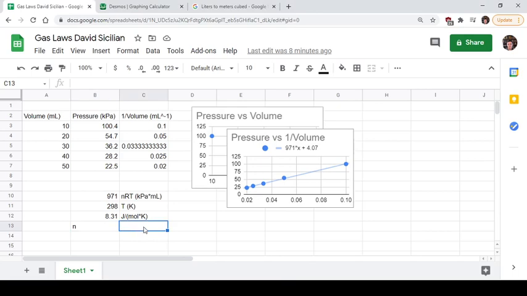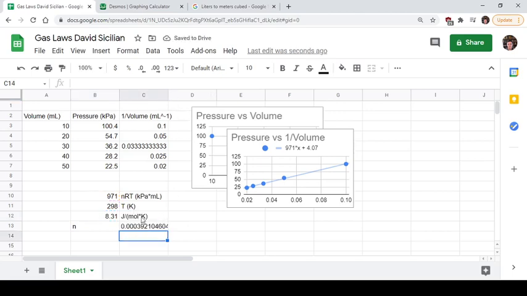Our number of moles should equal the 971, so I'll click that, divided by the temperature and the gas constant. Make sure we're dividing by both of those by including that in parentheses. And then I need to multiply all that by 0.001 to get our total number of moles in that chamber.